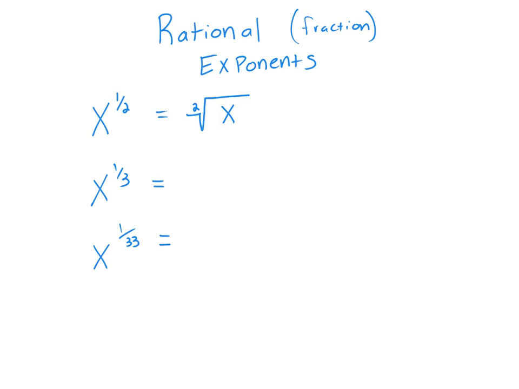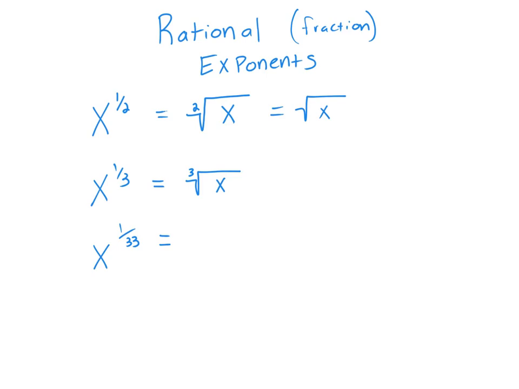Again, we have something like x to the power of 1/3. Instead of having a little 2 there, there's going to be a little 3 that sits on the outside. This is called a cube root, whereas our example up here is a square root. And this is just the long way of writing the square root of x.